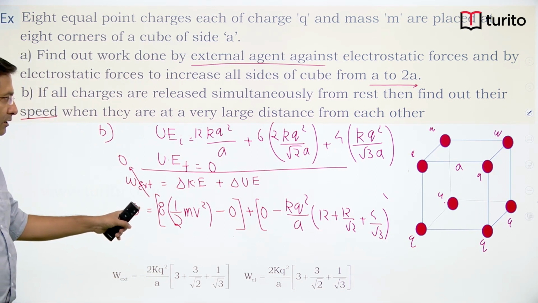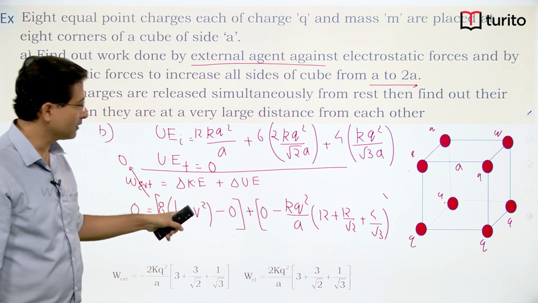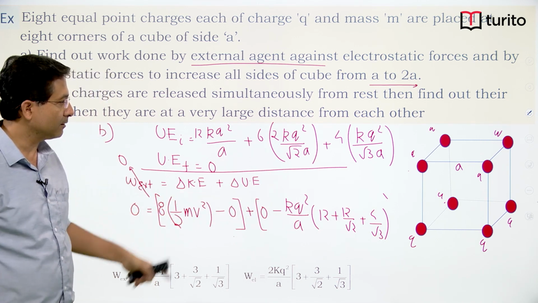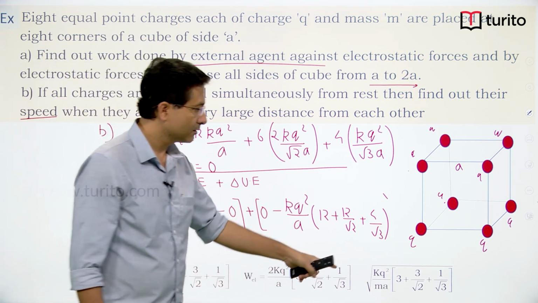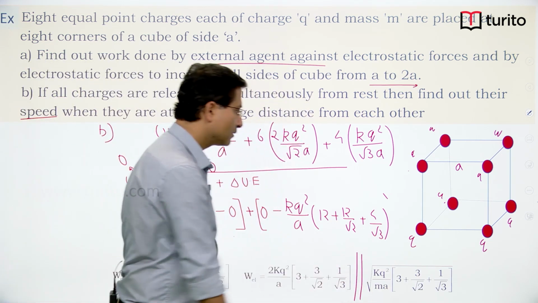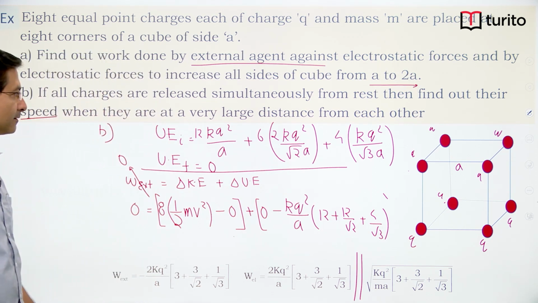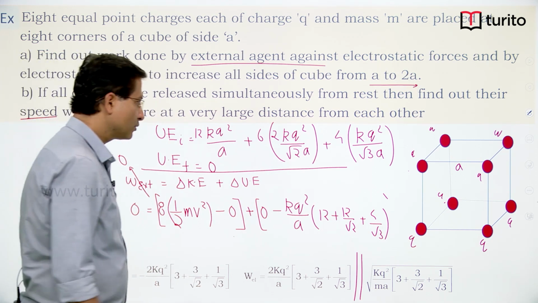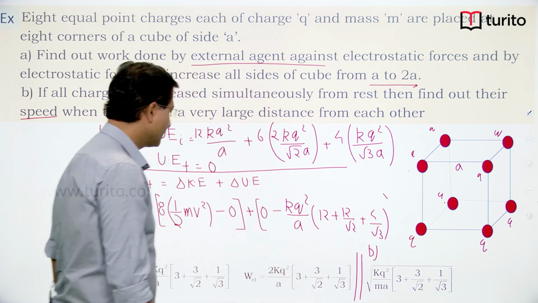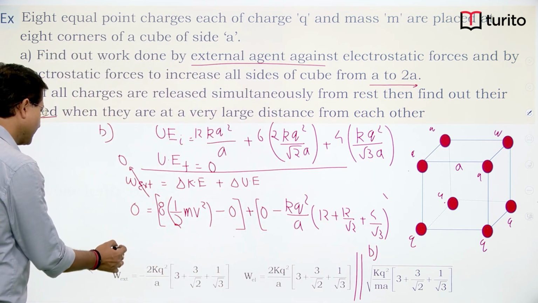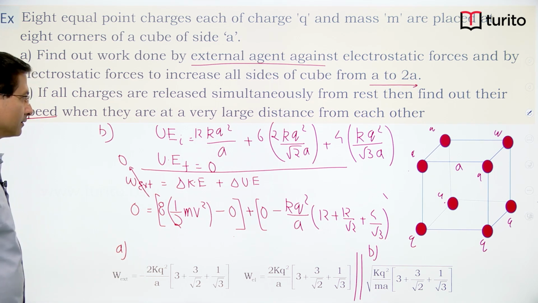Now, if you just simplify this one, then velocity will become what? You can check, right. So, you can simplify this one and you can check, this is the answer of B part, and these two are answer of part A, right.